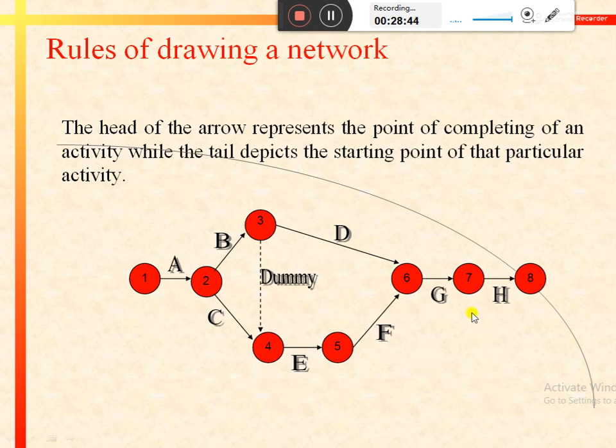And in case of E, 4 would be the starting point or tail event and 5 would be the ending point or head event. So the head of the arrow represents the point of completion of any particular activity, and the tail of that arrow depicts the starting point of the activity.